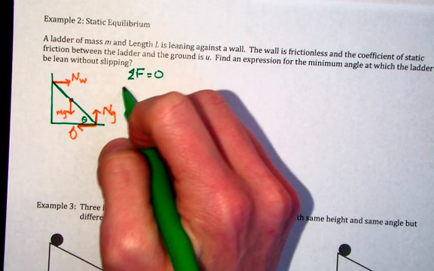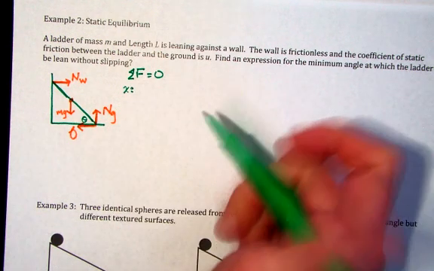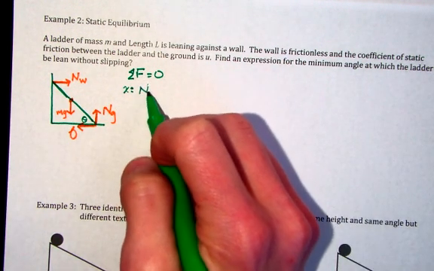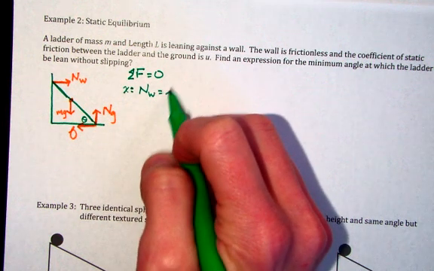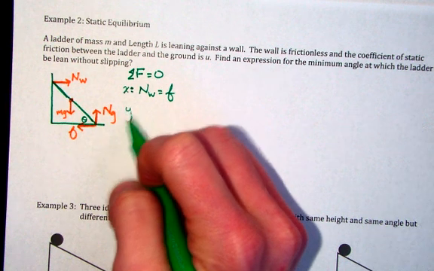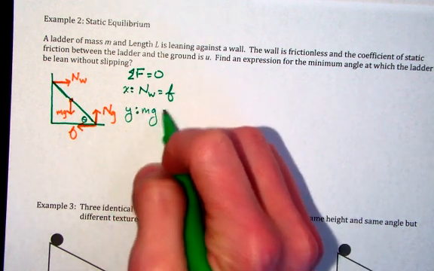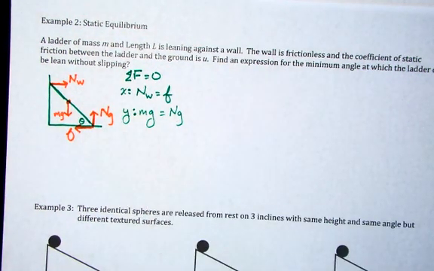So in the x direction, since the net force is 0, what equation could I set up? The normal force from the wall equals the static friction f. Good. And what about for the y? The weight force equals the normal force of the ground. Okay, so this is what we know about the forces.